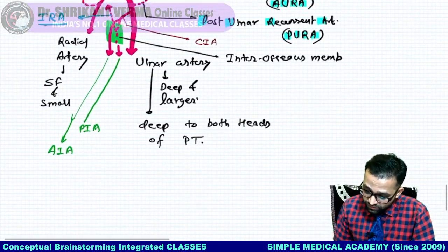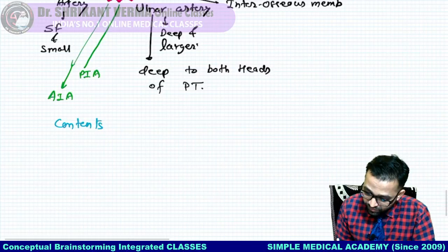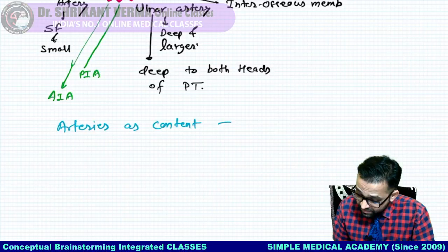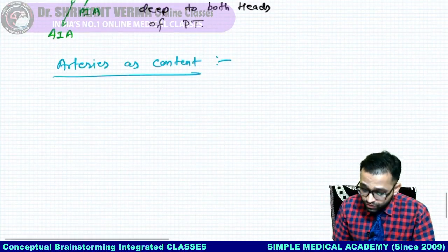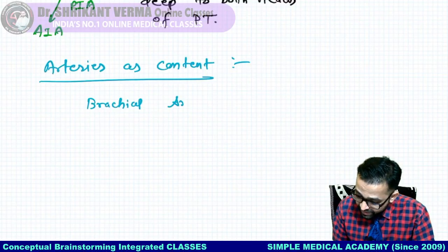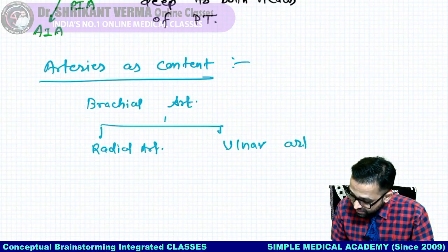Yes, you can write down. What are the different arteries as content? So no excuse with the brachial artery and its terminal branches, radial artery and ulnar artery.